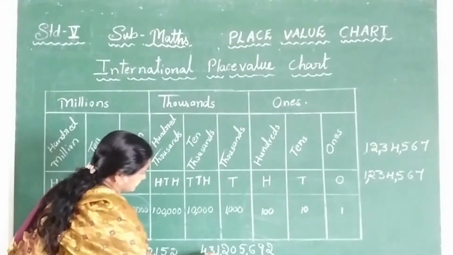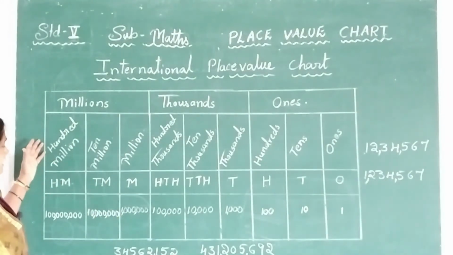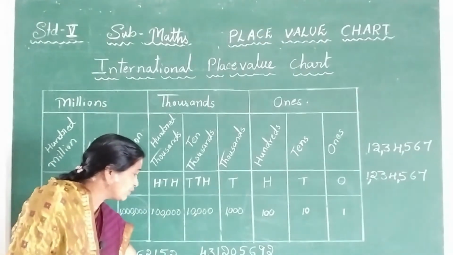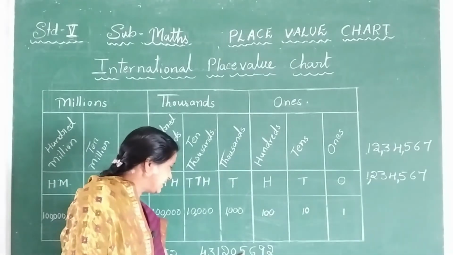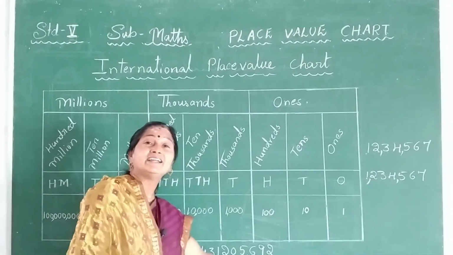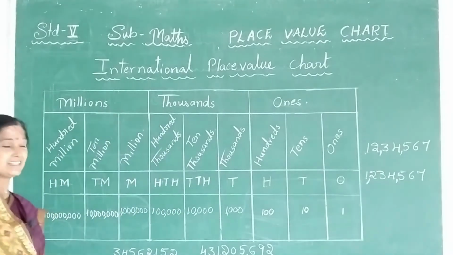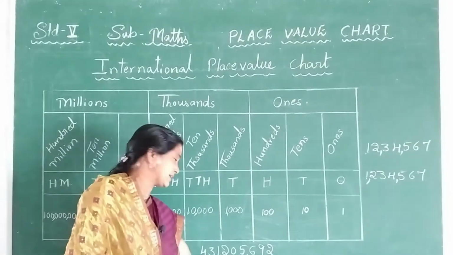Put comma. 1, 2, 3. See. Means 431,692. This is the method of reading international numbers, international system of numbers.